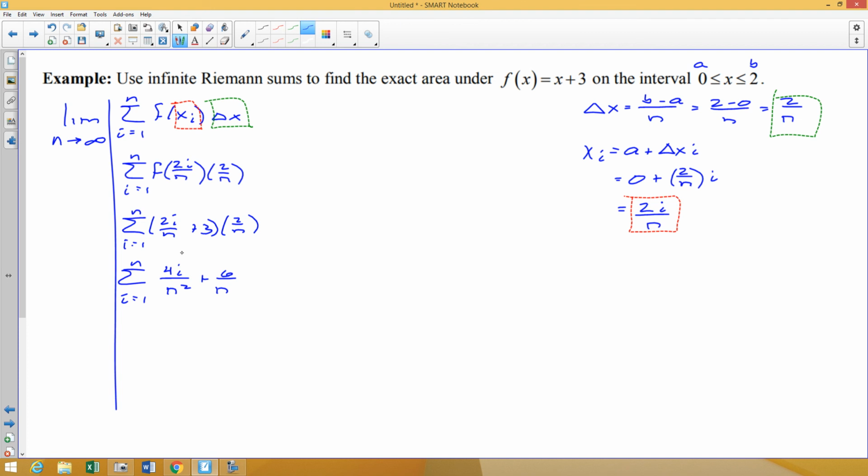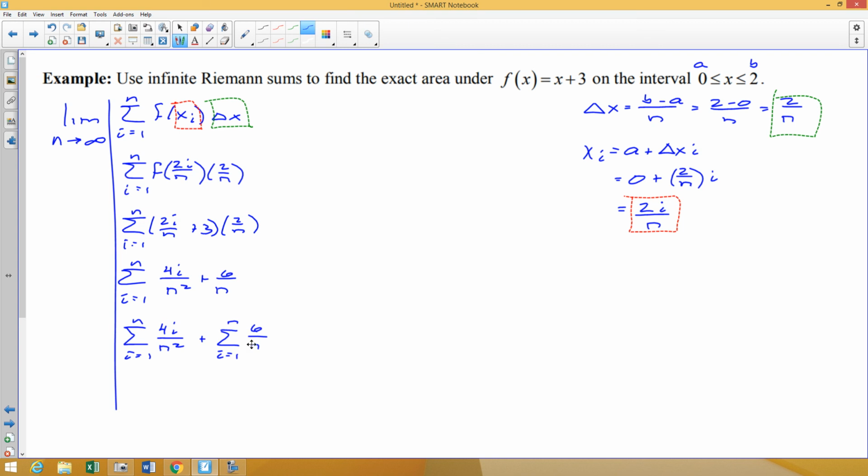And then I'm going to break that into 2 sigmas. So I'm going to make that i goes from 1 to n of 4i over n squared, plus the sum i goes from 1 to n of 6 over n.